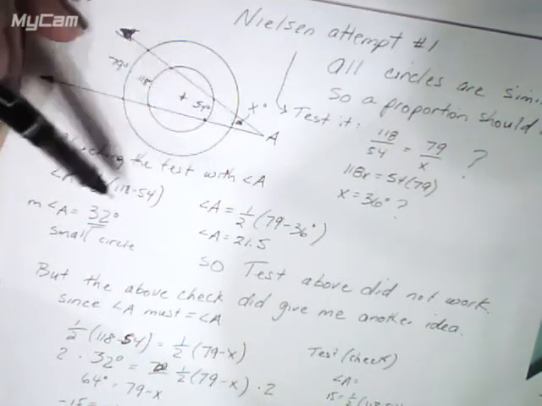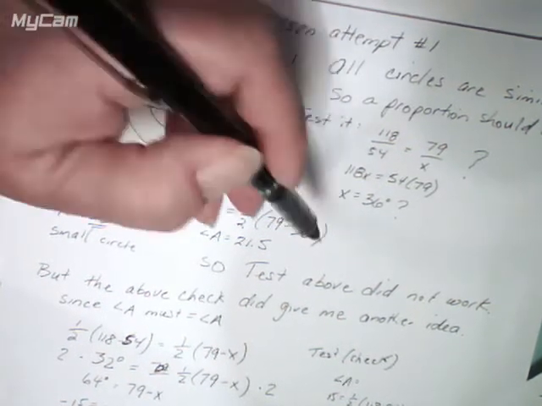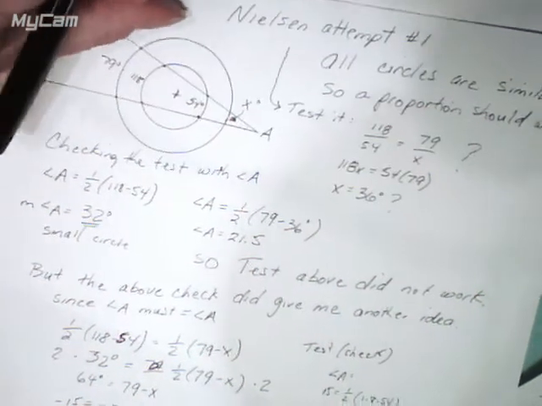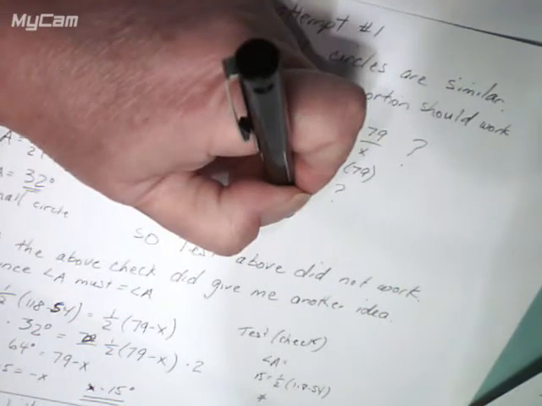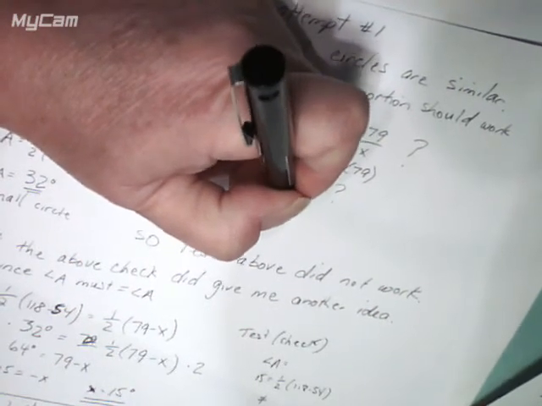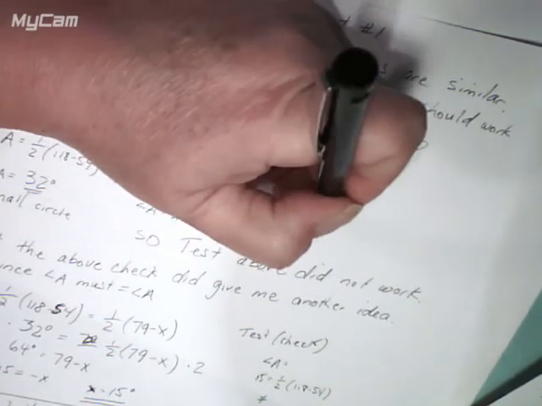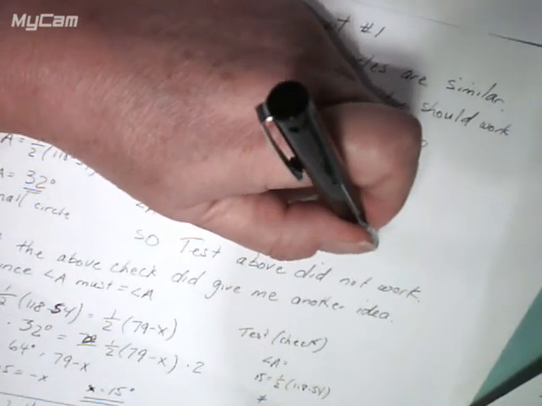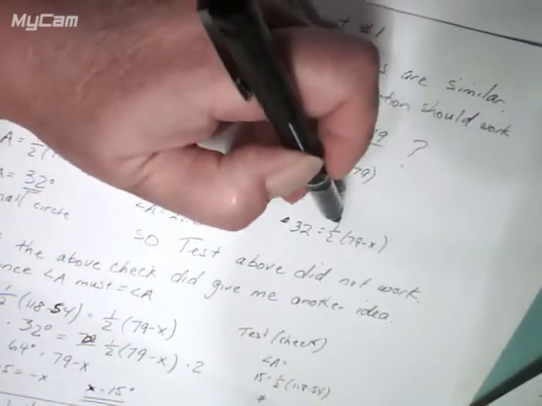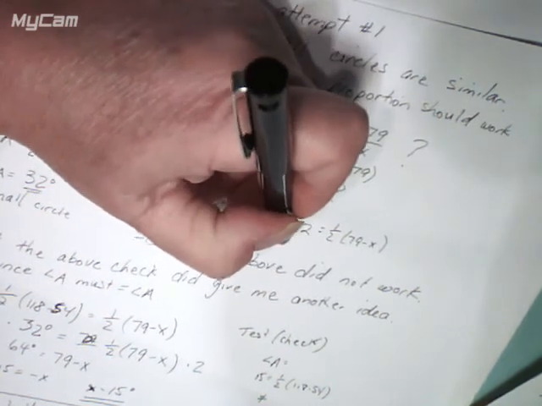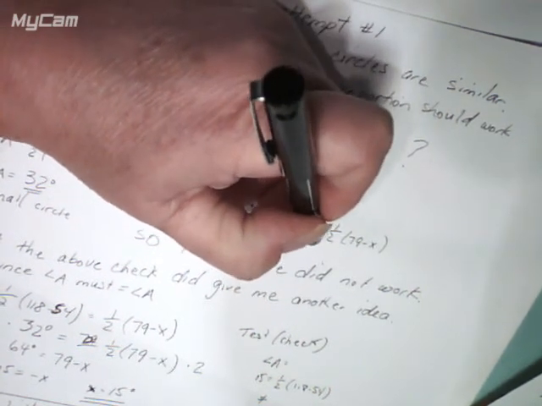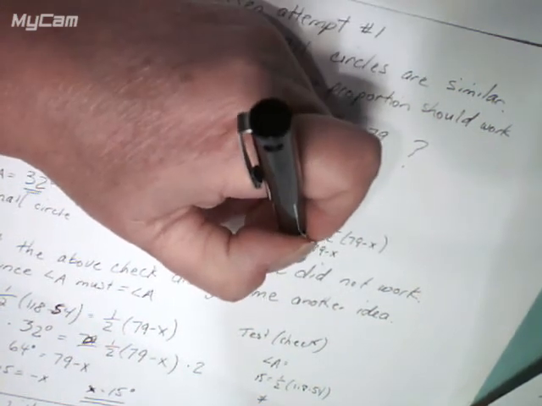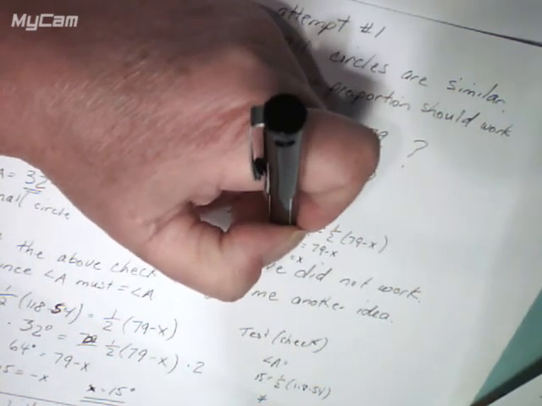So I use that on the other circle, the big circle. Let me set it up again. Angle A, 32, equals 1/2 of 79 minus x. So that's 64 equals 79 minus x. X is equal to 15.